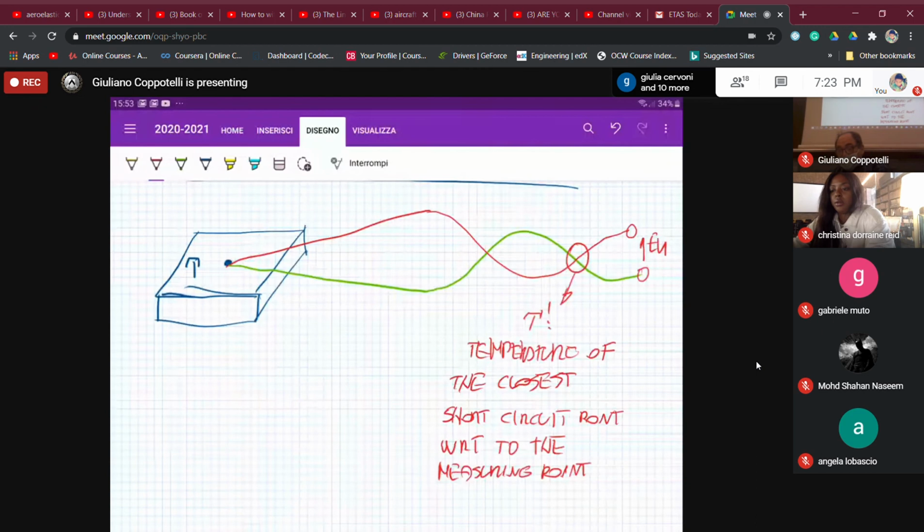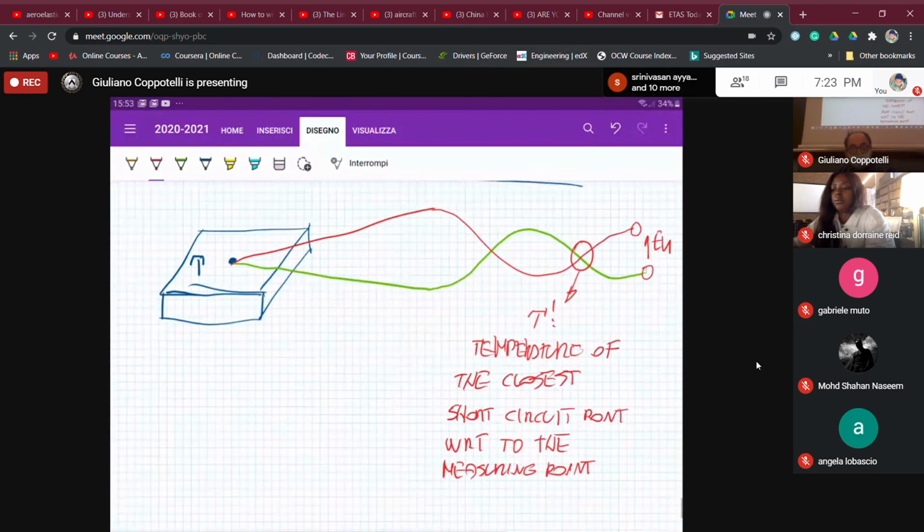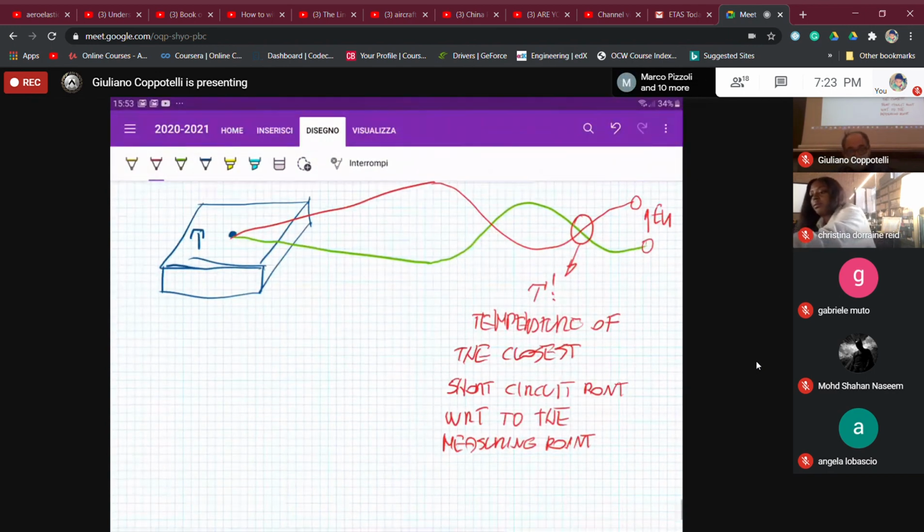Having said that, now let's see what are the practical measuring configurations that you can see, generally speaking, in real life. The first one is the base circuit.